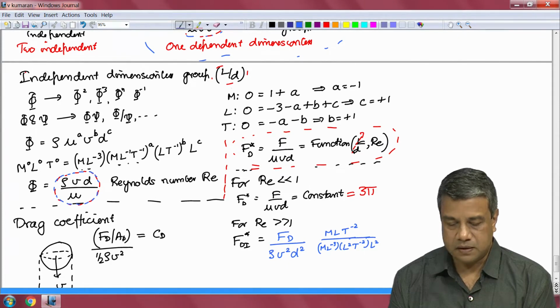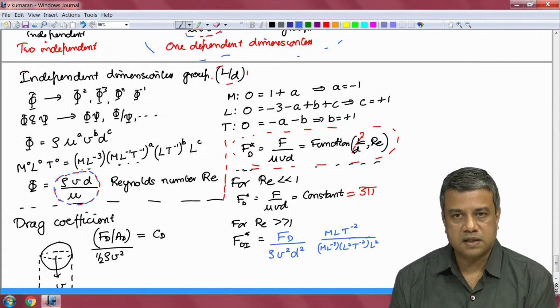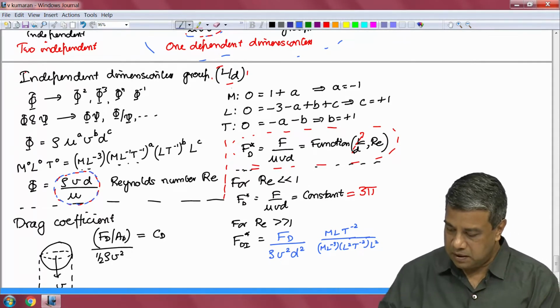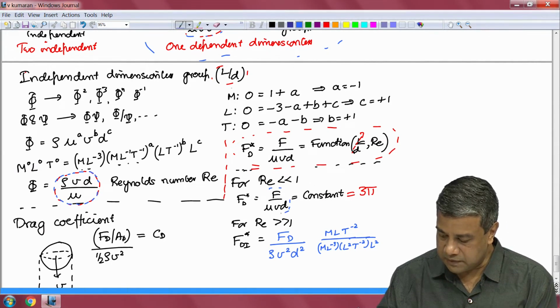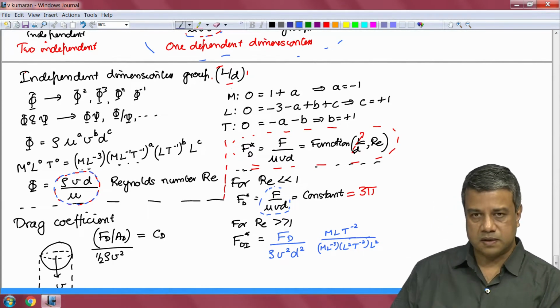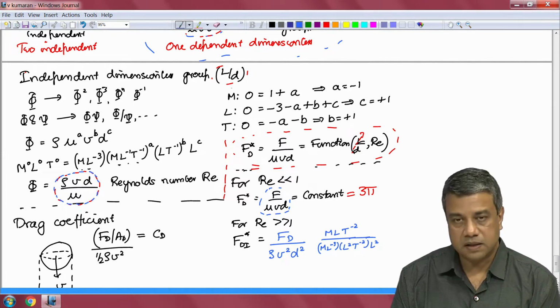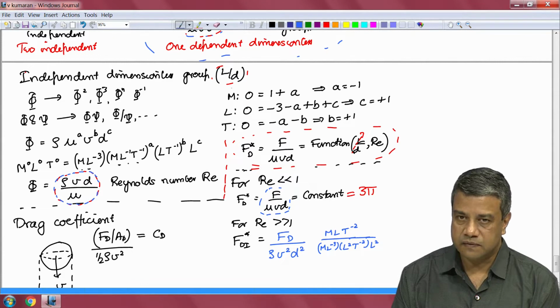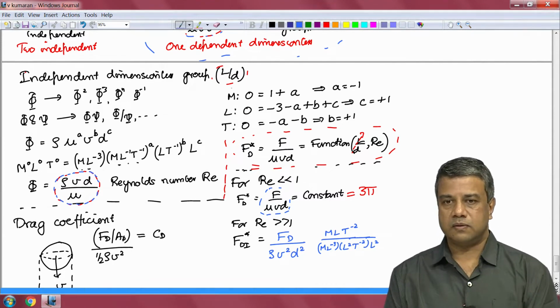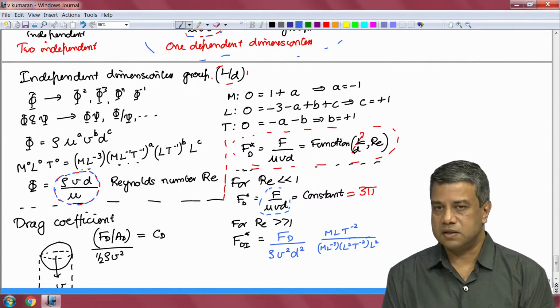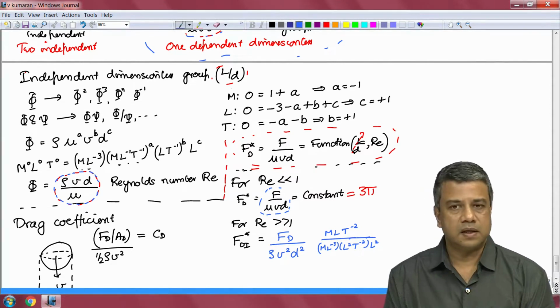So, when the Reynolds number is small, viscous effects are dominant. The density should no longer be a parameter, and we had got the result that the force divided by mu V d has to be a constant. That constant we do not yet know. That has to be done by more detailed calculations of the velocity field around the object. But what we do know is that this ratio has to be a constant in the limit of low Reynolds number.